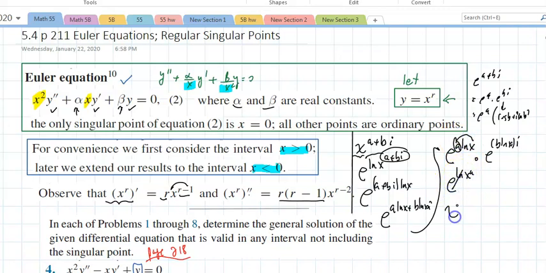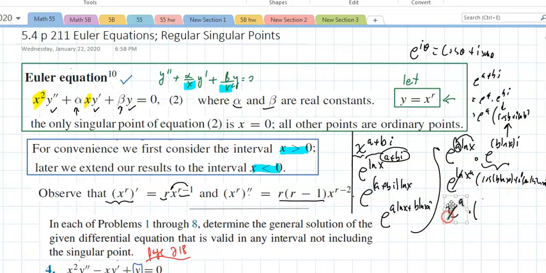And wouldn't that just be x to the a? And isn't this matching the Euler formula? Isn't e to the i theta the cosine of theta plus i sine of theta? So, wouldn't that be the cosine of b natural log of x plus i the sine of b natural log of x?